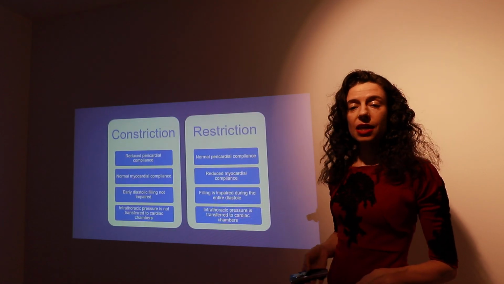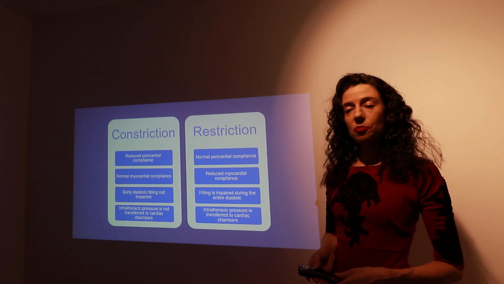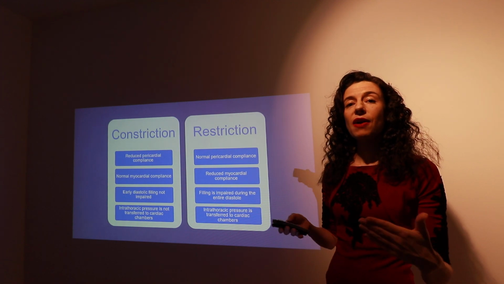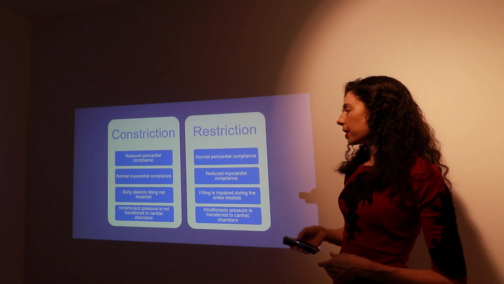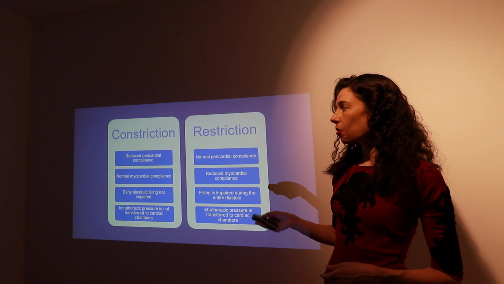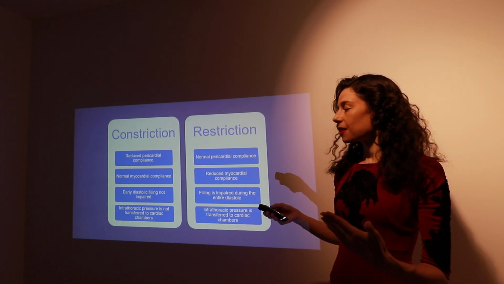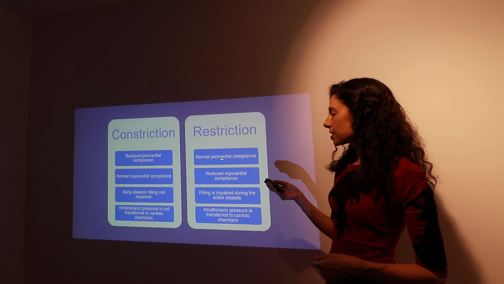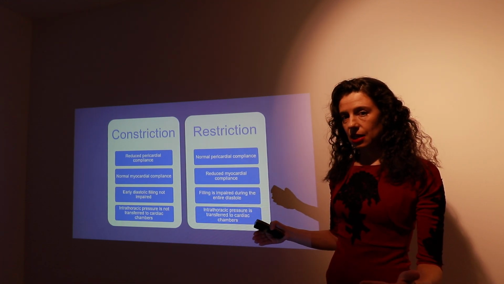And therefore, in constriction, we have reduced pericardial compliance with normal myocardial compliance, while it's vice versa in restriction. Here we have normal pericardial with reduced myocardial compliance. And therefore, in constriction, the early diastolic filling is not impaired, while in restriction the filling is impaired throughout the whole of the diastole.